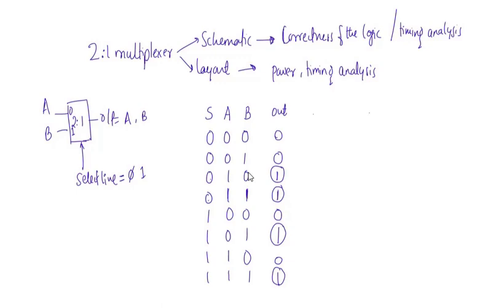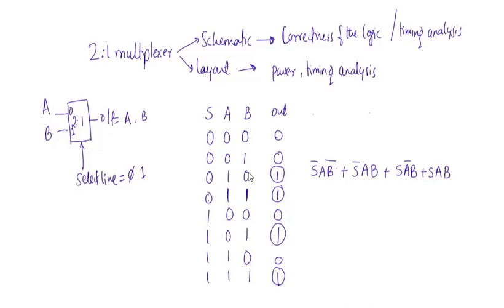Wherever you have 0 you can substitute it as S bar, and wherever you have 1 you can put the alphabet as it is. So if I want to write the expression for this output, that will be S bar A B bar plus S bar A B plus S A bar B plus S A B. So accordingly I have written.